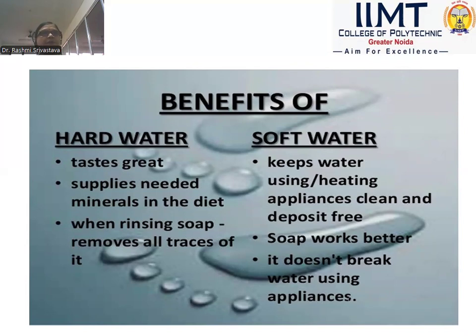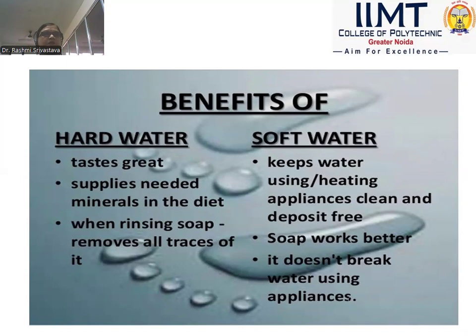Second, it supplies needed minerals in the diet, as it fulfills the deficiency of minerals in major or minor traces, and it supplies essential minerals to the body.